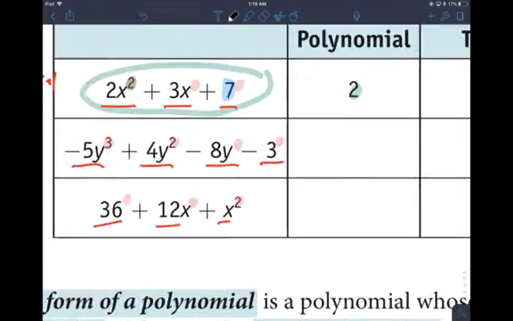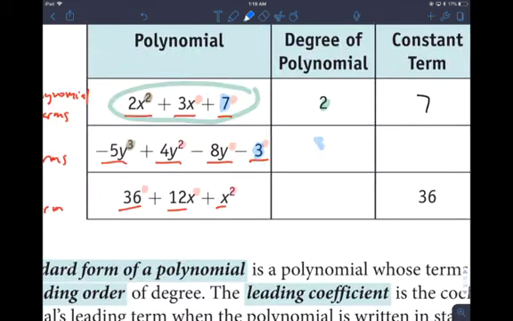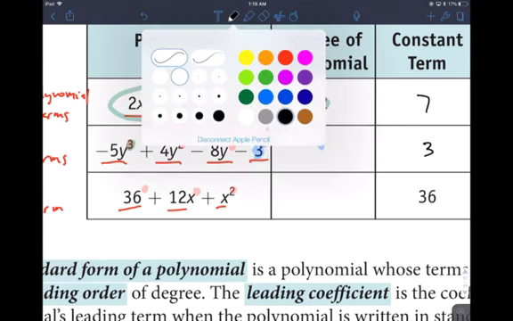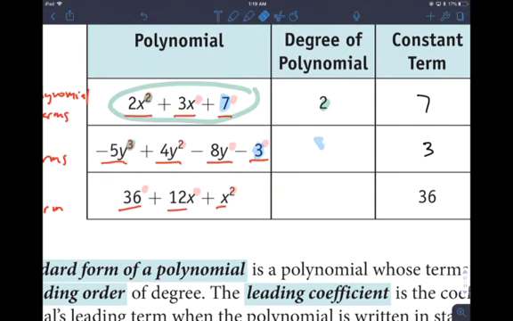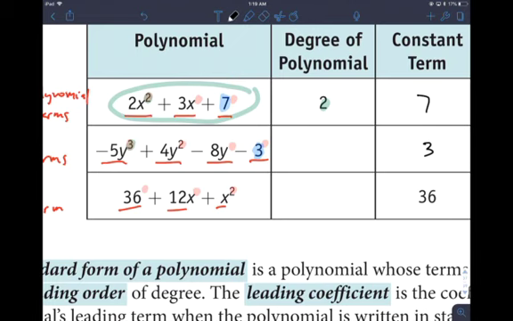So in this example right here, the degree of the polynomial, again, is the one with the highest power, which will be this one. So the degree would be 3. And again, the constant term would be the term that has no variables. So in this case it is the 3.